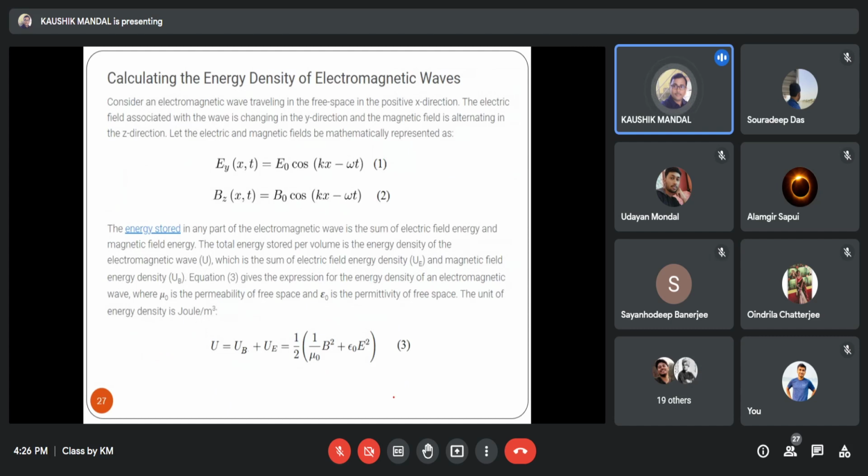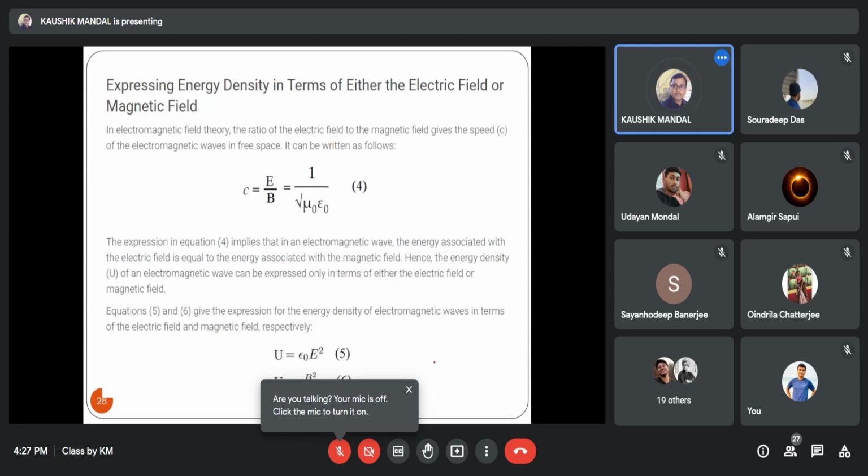And there are just 2 slides I have added. These things are already discussed earlier. That is the stored energy, whether it is magnetic or electric, that you can calculate using these equations. You should go through these equations. So all these things are already discussed earlier. I just included these 2 slides.